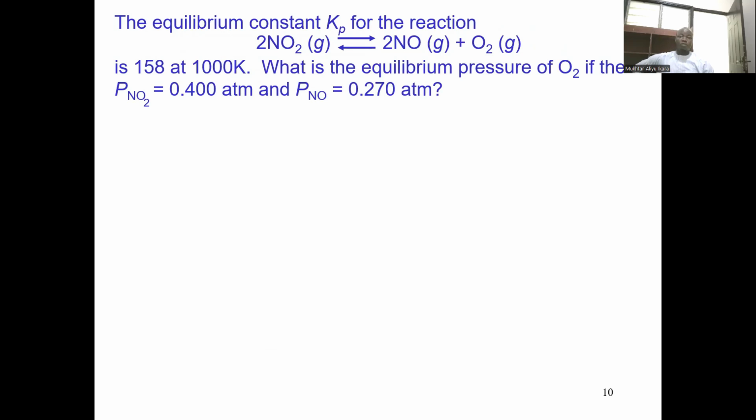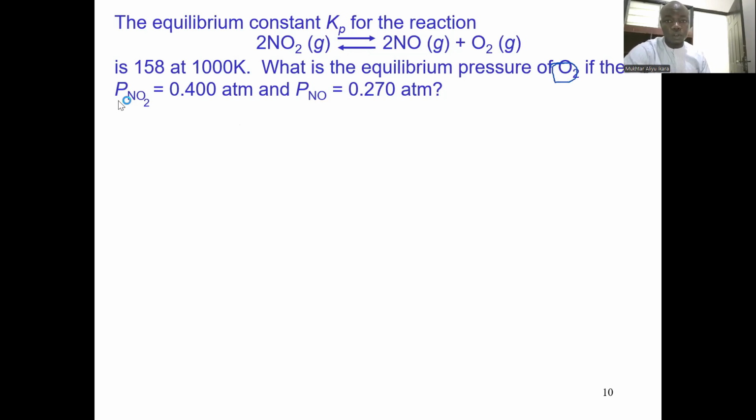So what is the equilibrium pressure of oxygen if the pressure of NO2 is 0.400 atm and of NO is 0.270 atm? It means that in this case, we are to calculate the equilibrium pressure of oxygen. I think if you look at it clearly, it's simple.